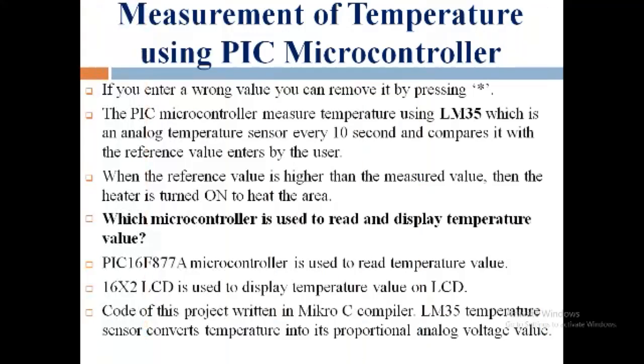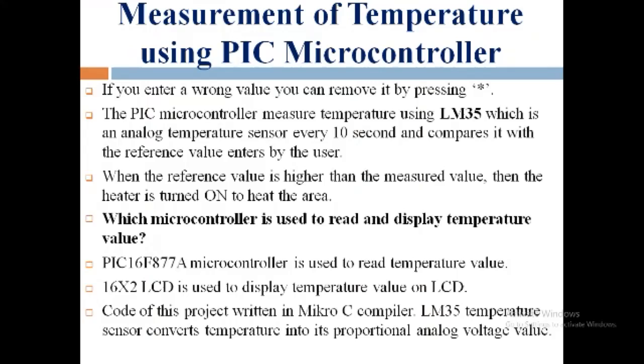First of all, we see the point that is measurement of temperature using PIC microcontroller. Suppose if you enter a wrong value, you can remove it by pressing star in this measurement of temperature using PIC microcontroller system.